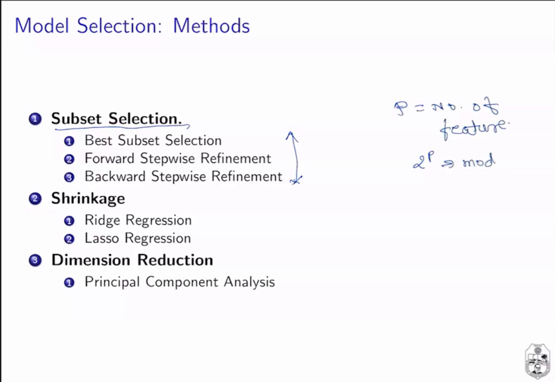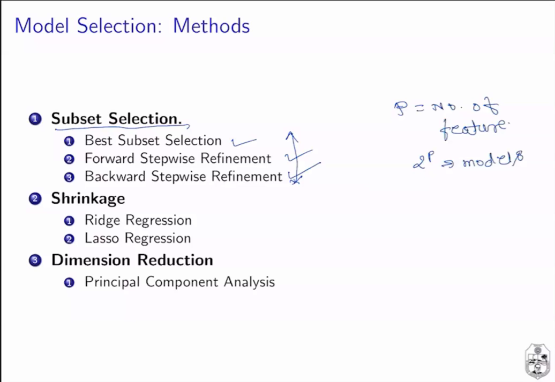Out of these 2 to the power of p models, we select only one model, and that selection is carried out in three different ways. The first is called best subset selection. The second is called forward stepwise refinement. And the third is known as backward stepwise refinement.